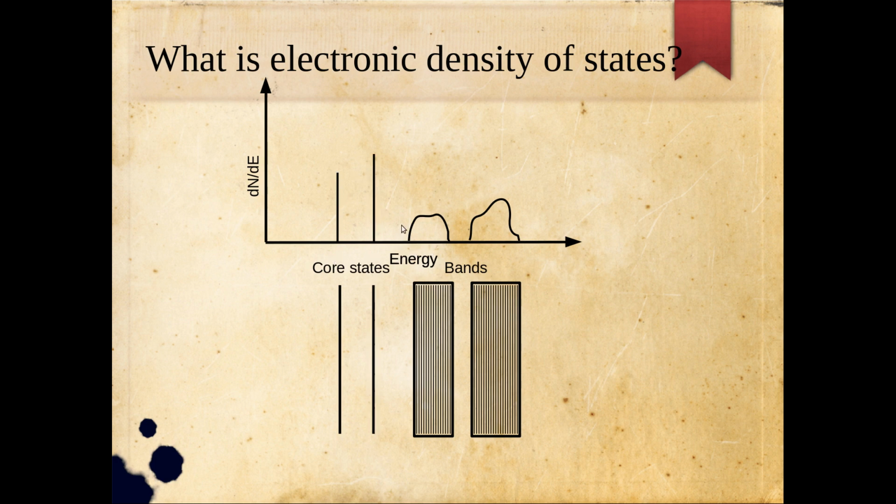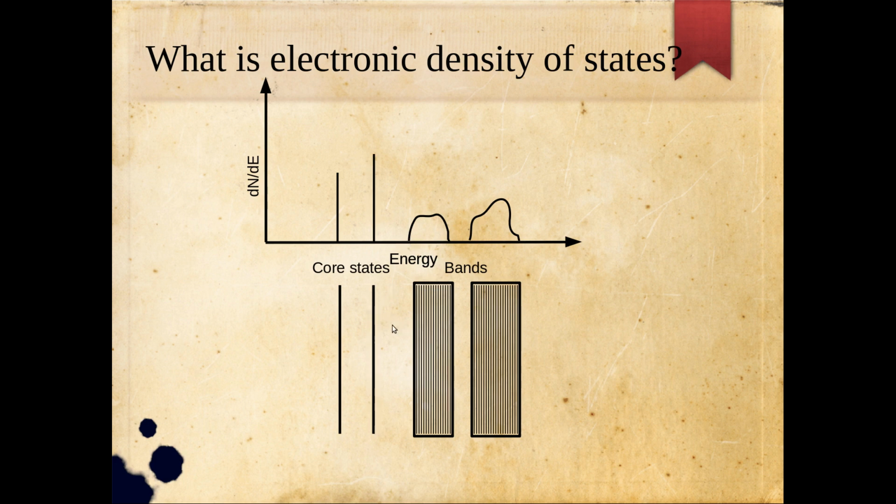And for the valence bands, where band formation happens, you may find some continuous variation of dn over dE, or the density of states. There may be regions where you have a large number of states, and regions where you will not have any states.